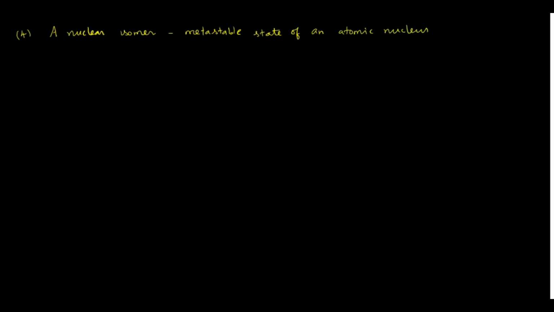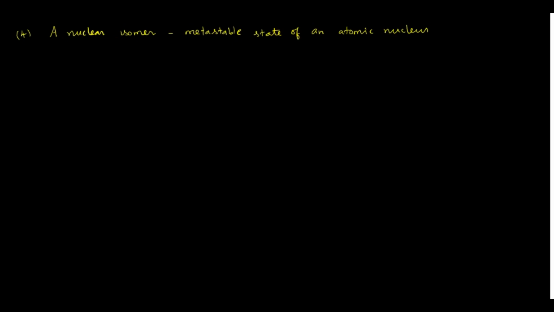in which one or more nucleons, protons or neutrons, may occupy higher energy levels than in the ground state of the same nucleus. So what is happening here is, we have the same atomic number.